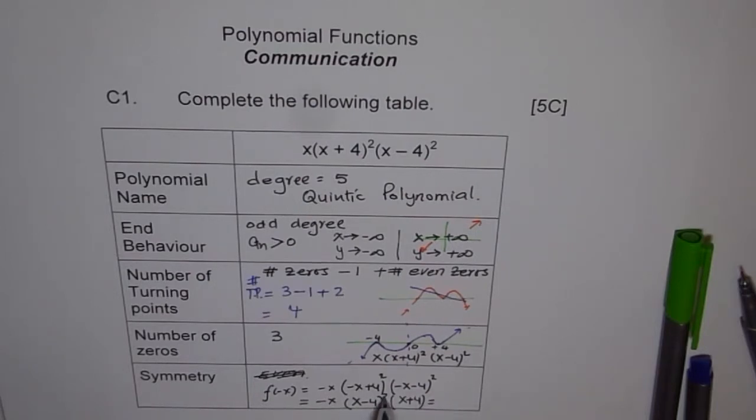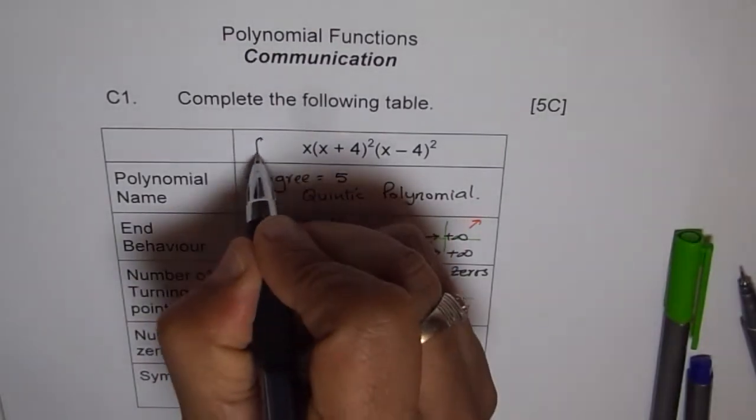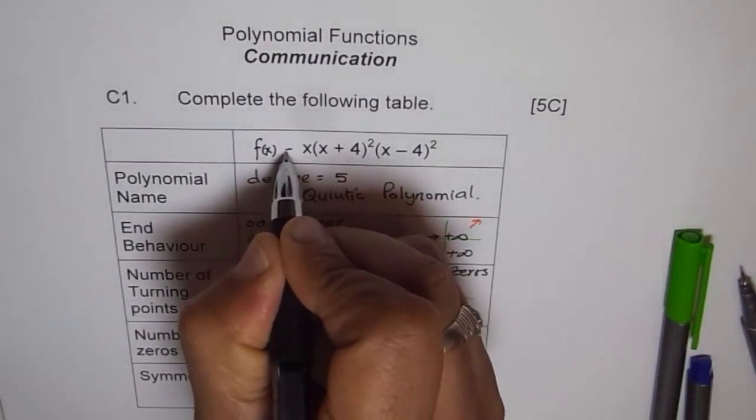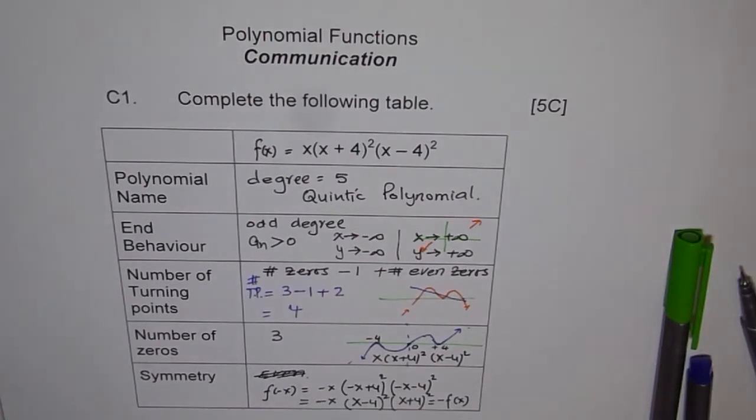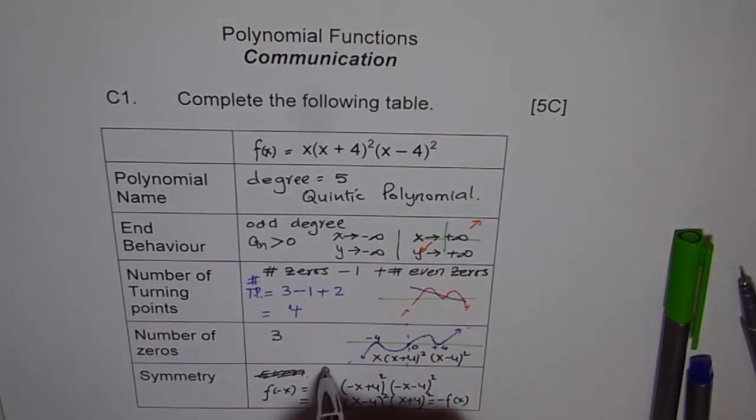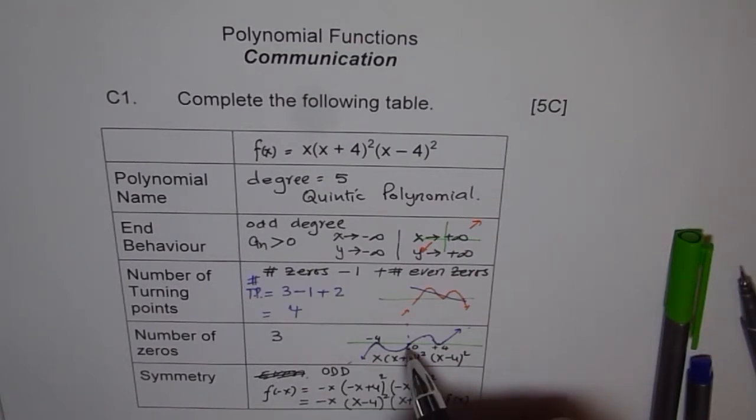You will see, of course, square, right? And you will see this is minus of our function. So it's minus of f of x. Let us say this is f of x. Do you understand? So it is odd symmetry. I'm sorry, that was wrong. It is symmetric about origin.